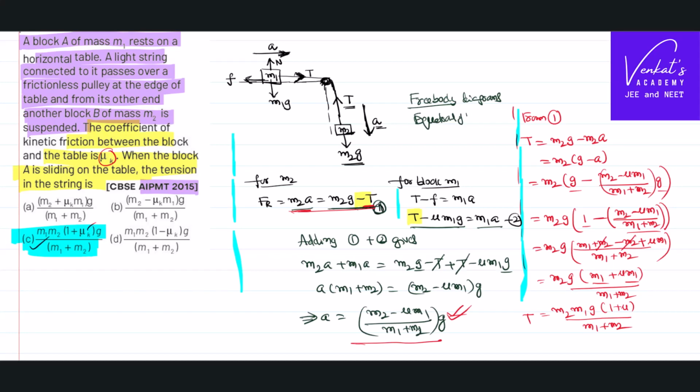How do you write equations of motion? We shall identify in which direction the system, which body is moving. Force in the direction of motion shall be treated as positive. Force against the motion shall be treated like negative. Their resultant becomes the resultant force of that body. Follow that simple rule, solve, you will get an answer, right?